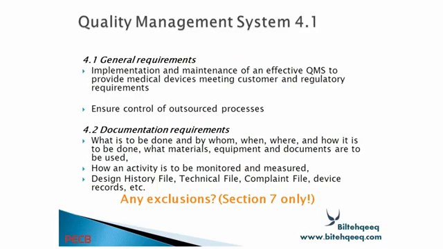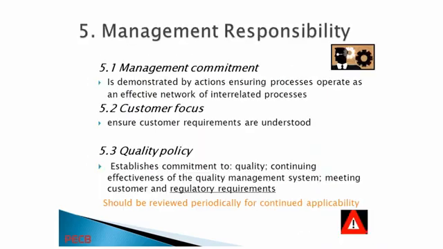And section 5 is management responsibility, and it starts with the management commitment, same like the ISO 9000. Management commitment is demonstrated by actions ensuring processes operate as an effective network of integrated processes. And 5.2 is the customer focus, ensure customer requirements are understood.